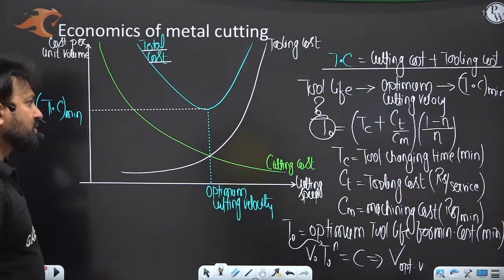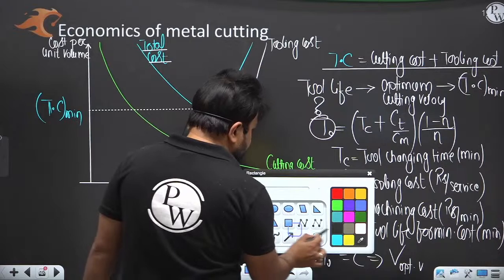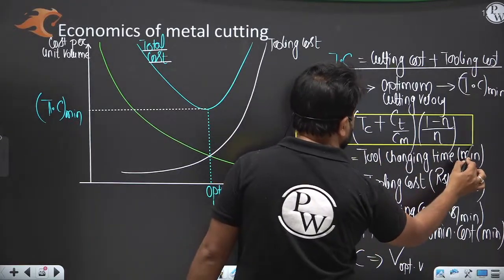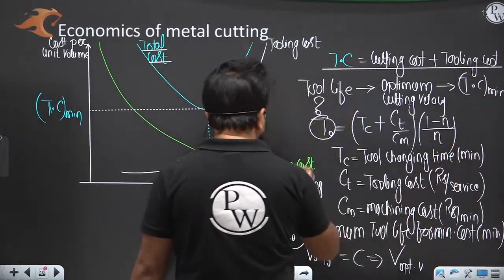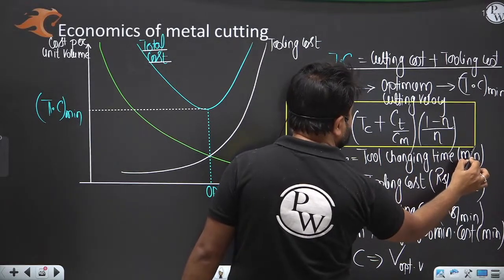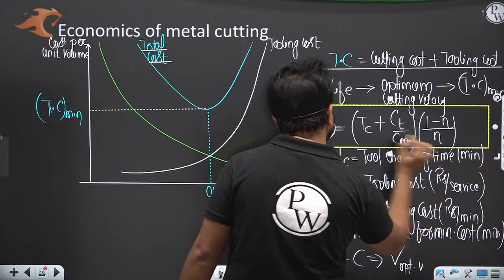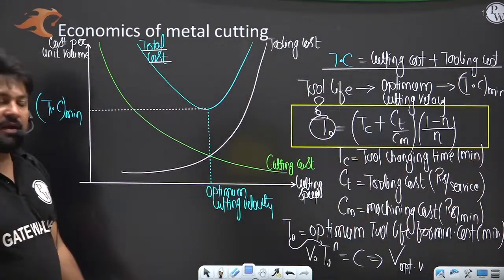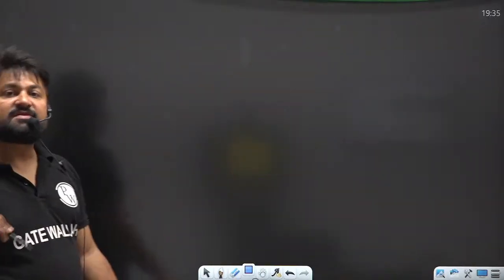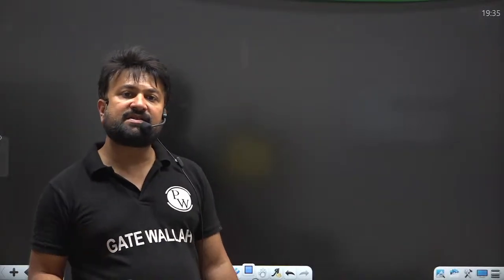So this formula is very important. Please remember this formula. Now the next formula, which generally comes in economics and metal cutting, is your optimum tool life for maximum productivity.